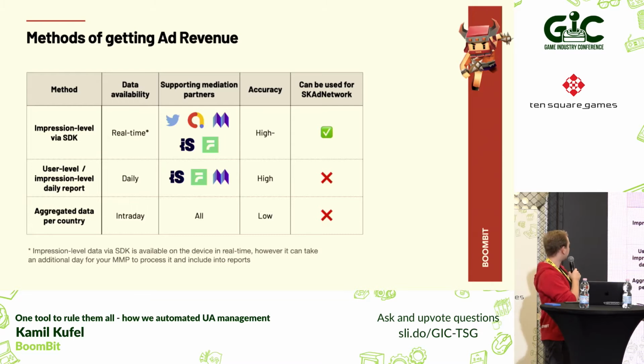This is why the second option, user level or impression level daily reports, might do the trick, because they can be updated on the next days. So if the mediation partner changes data, we can pull it into our BI, replace everything we had, and increase our accuracy.